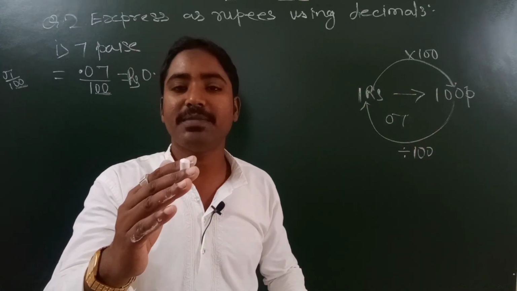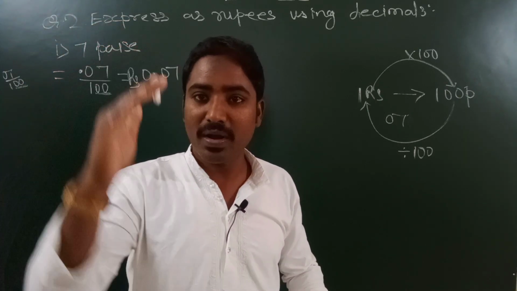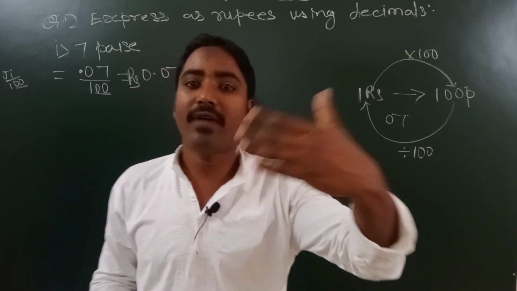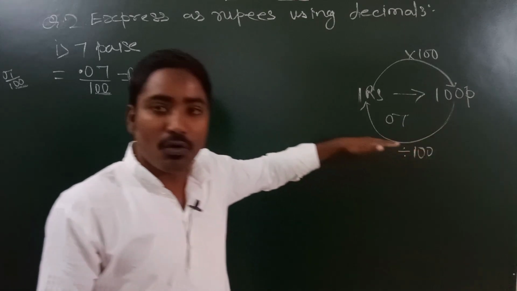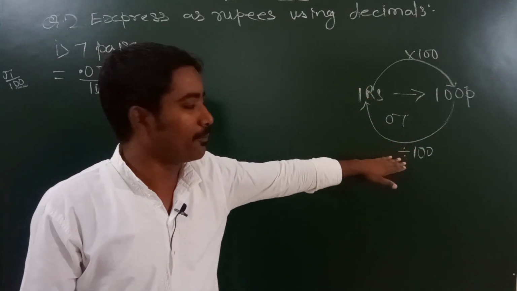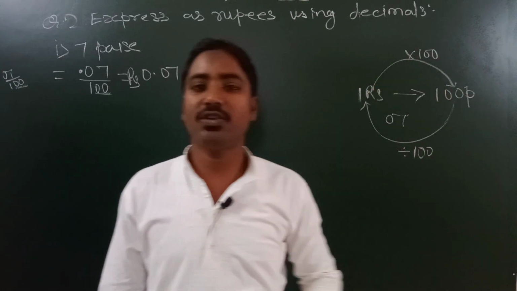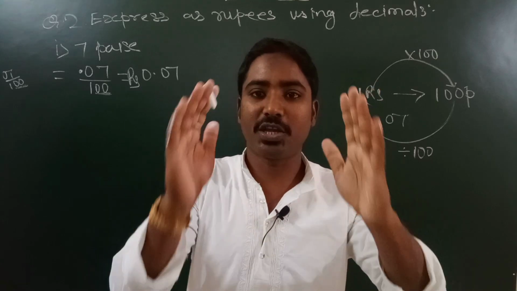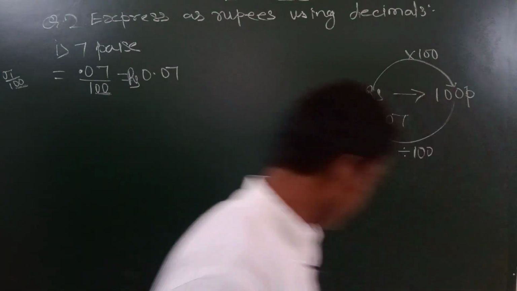Suppose in 1 kilometer we are having 1000 meters, at that time you will have to divide by 1000. Whenever we are moving from a smaller value to a greater value, we will divide, and whenever we are moving from a greater value to a smaller value, we have to multiply, depending on the value of that particular unit.